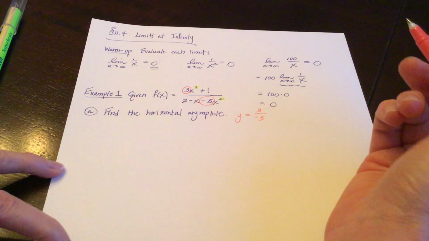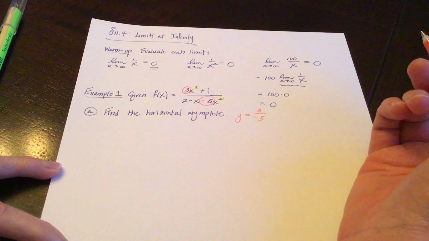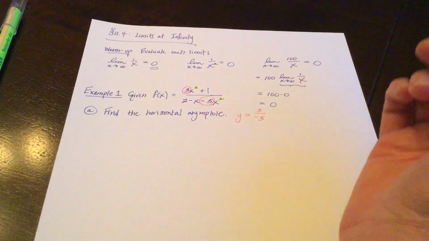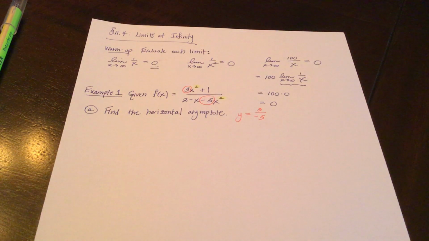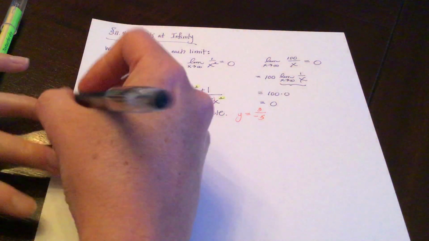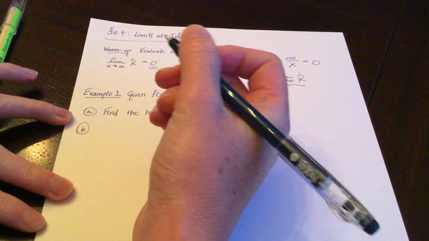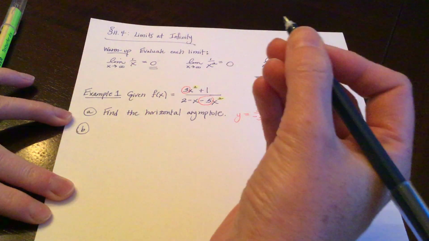So you would have a horizontal asymptote at y equals -3/5. And if you remember that, then that's great. And if you don't, that's going to be okay, because in part B we're going to explore another way to get the exact same information.